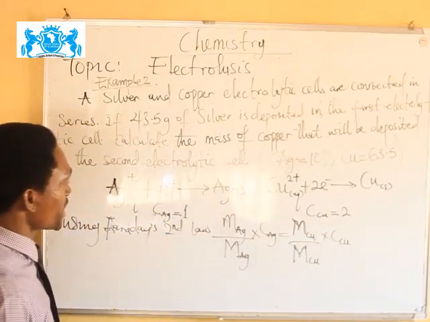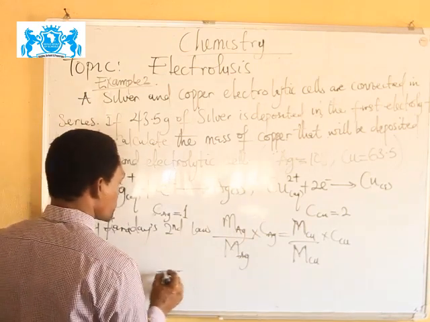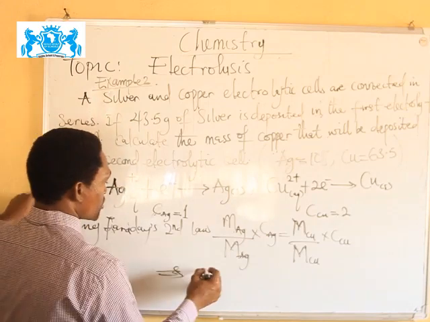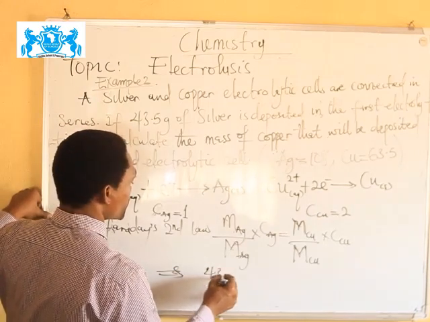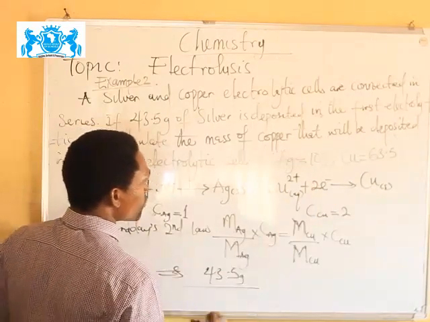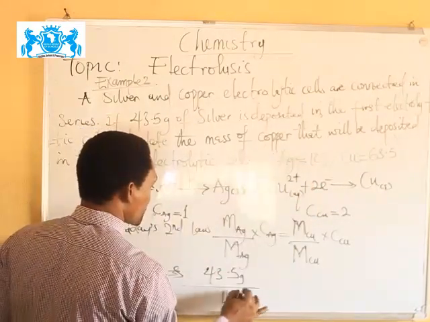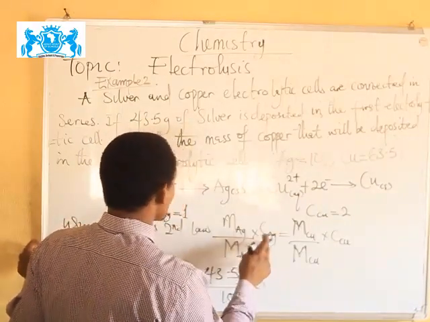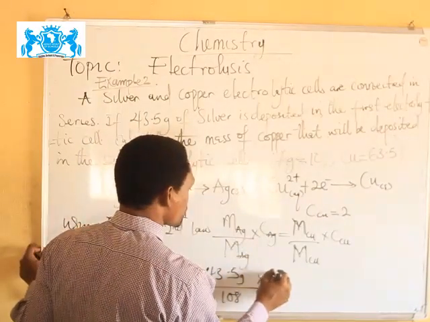When we do that by substituting, the given mass of silver is 43.5 grams. The relative molecular mass of silver is 108, times the charge of silver from the equation, which is 1.